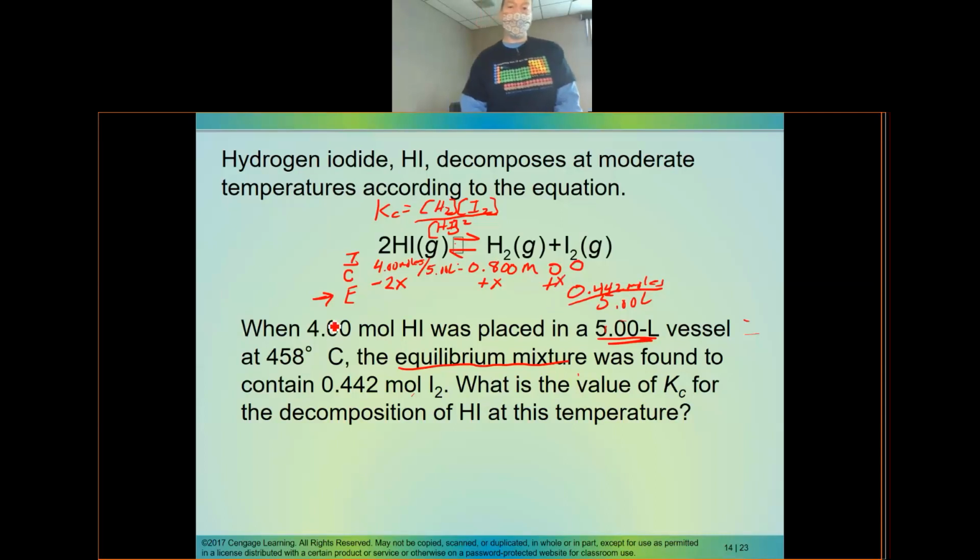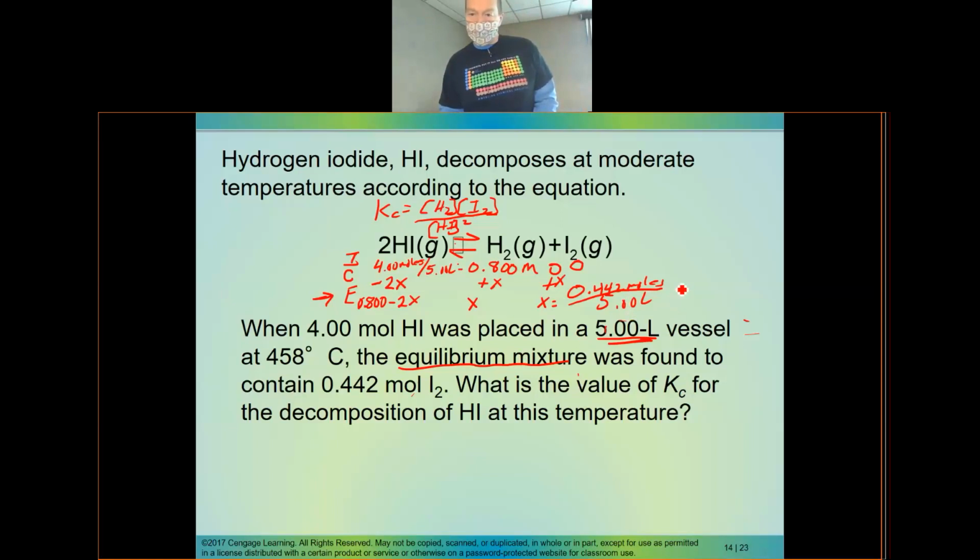So at equilibrium, you're going to have 0.8 minus 2x. Here, you're going to have simply x. 0 plus x is x. Here, 0 plus x is x. And then they give us information about the I2, and it says that at equilibrium, x is equal to 0.442 moles in this 5-liter vessel.